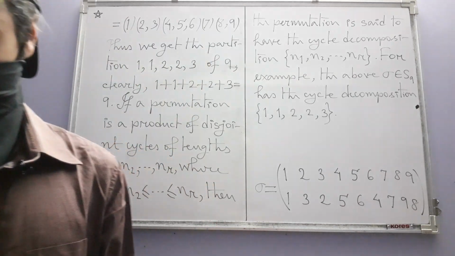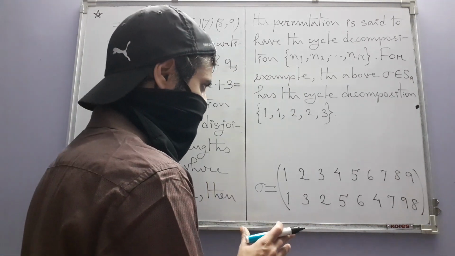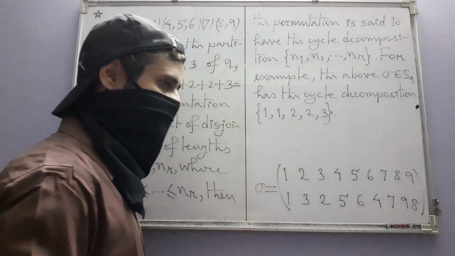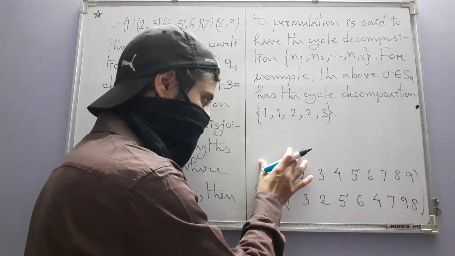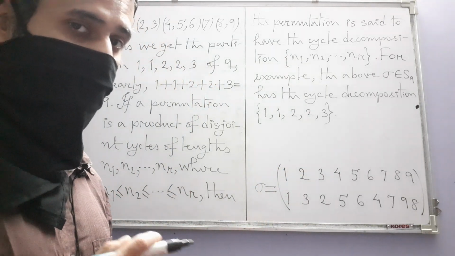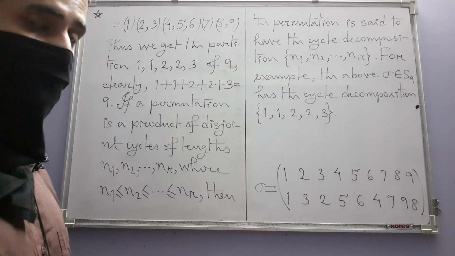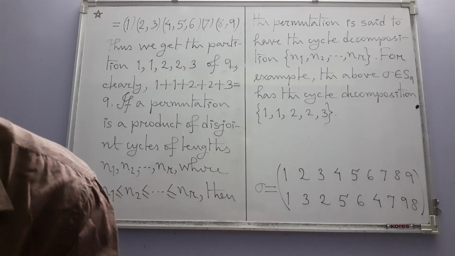Okay. Now, the thing that we want to prove here is that two permutations in Sn will be conjugate if and only if they have the same cycle decomposition. That's the thing that we are now going to establish. But before that, let me just feed this some ink.